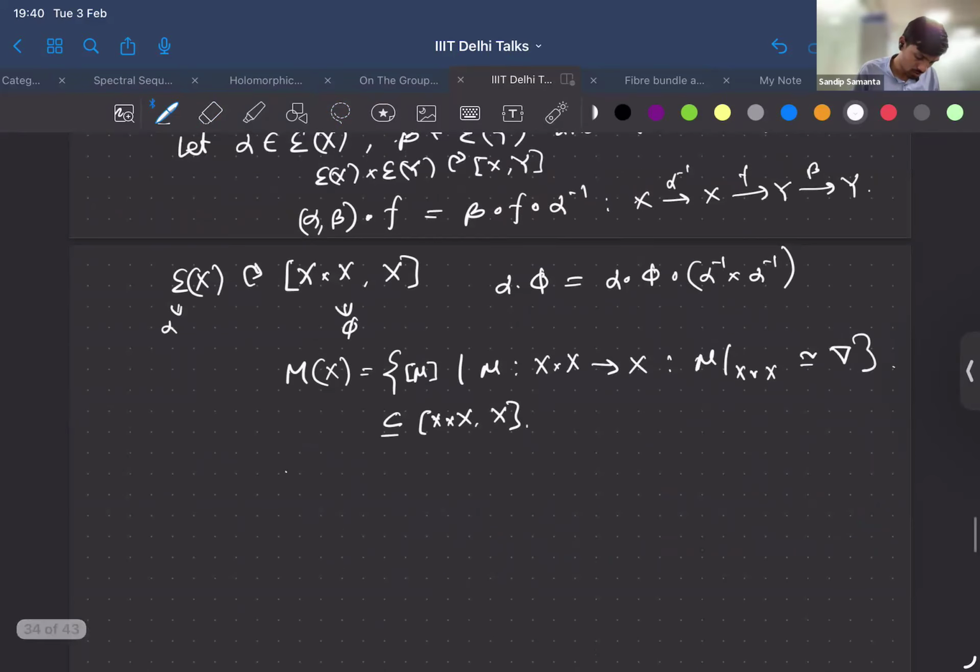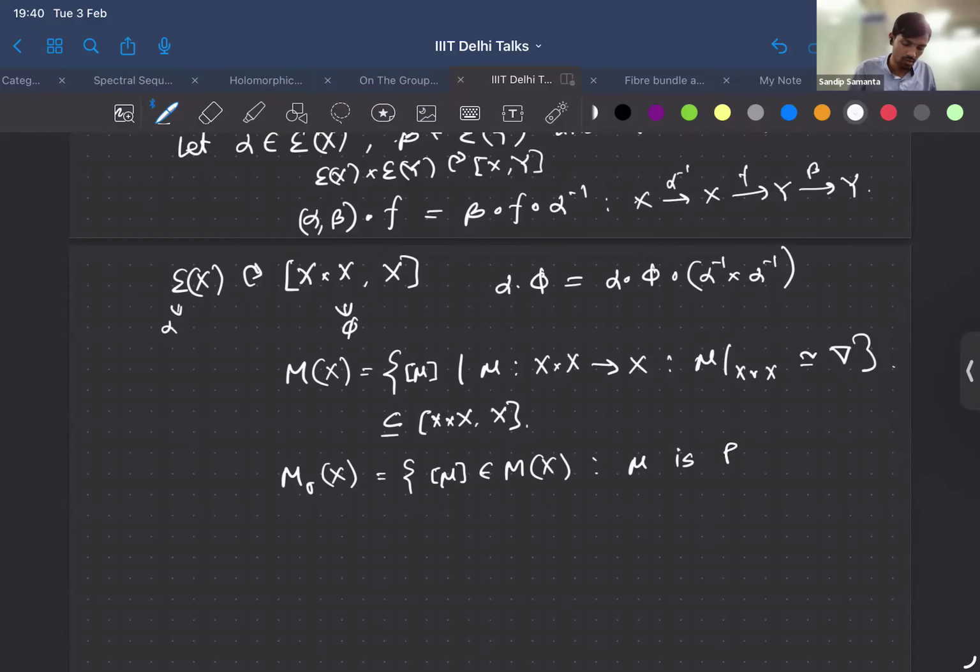Similarly, one can consider this m0x, which is just another subset of this mx. Let me write it as mu belongs to mx such that mu is homotopy associative.